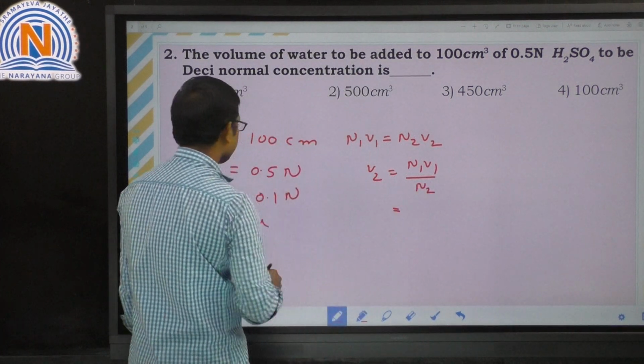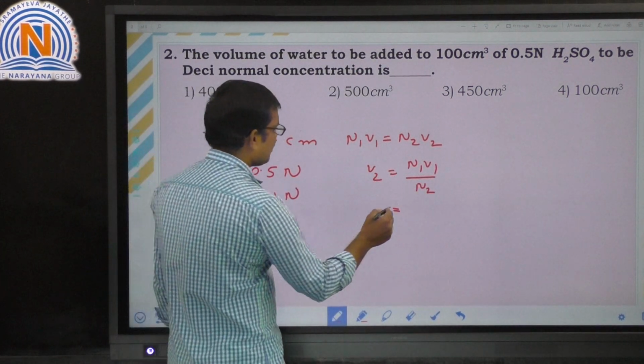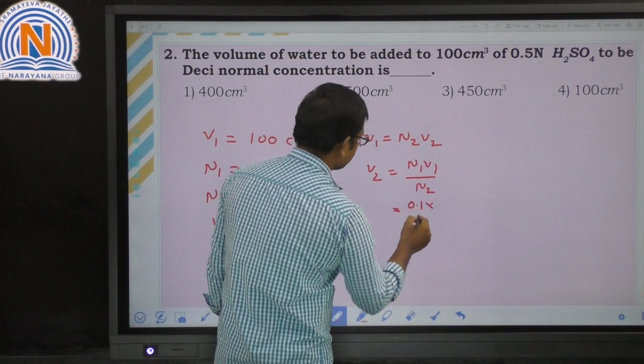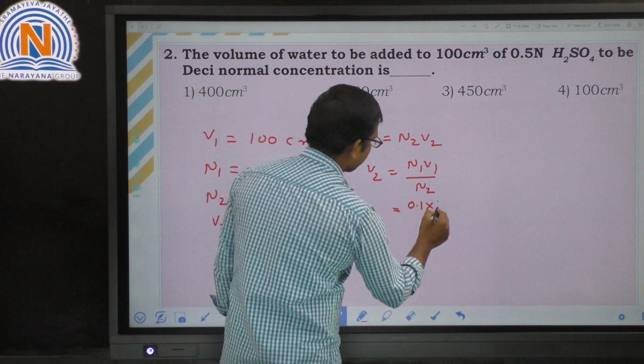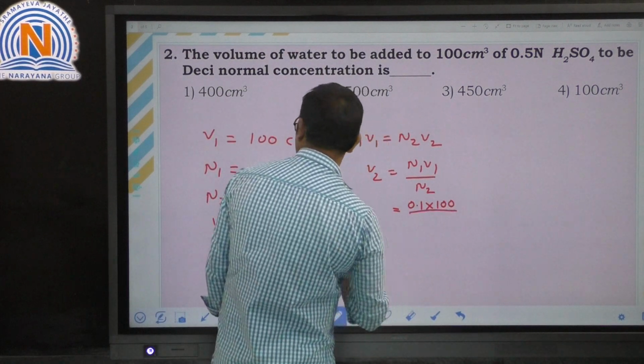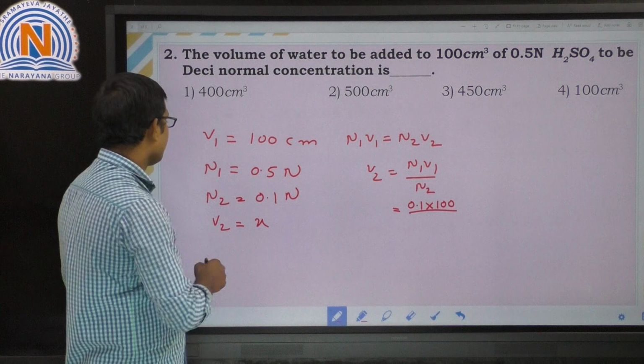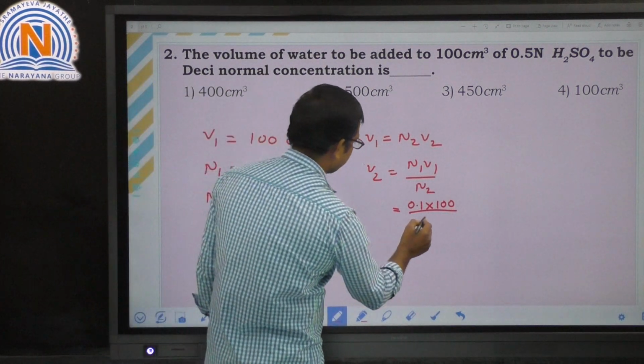So what is N1 here? Sorry, here N1 equal to 0.5, and N2 is 0.1. What is V1? 100.